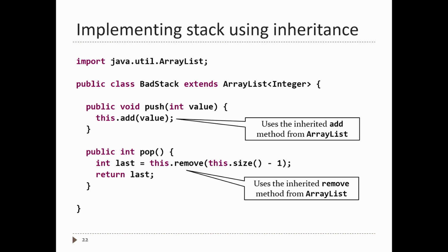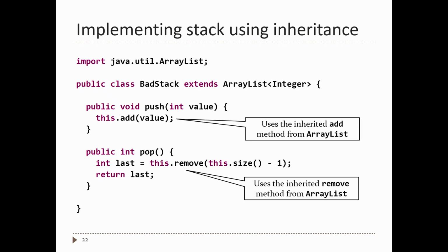We don't know what, well, actually we do, we know it's an array. So it's got some fields that can store the elements of the stack, because it got them from ArrayList. You don't actually know what fields they are. It doesn't matter. All I need to do is use the methods in ArrayList to implement the stack.